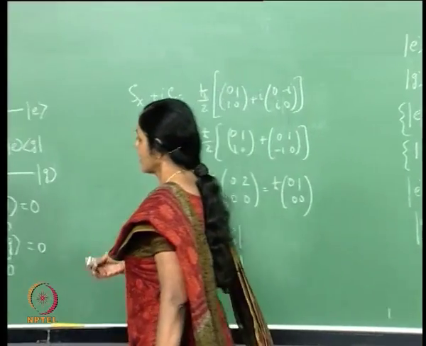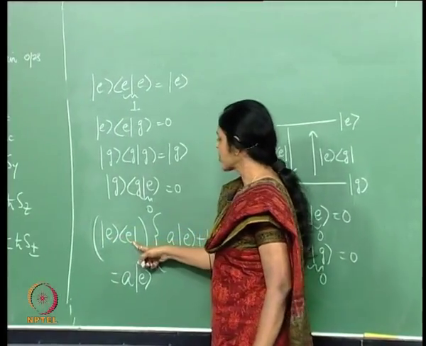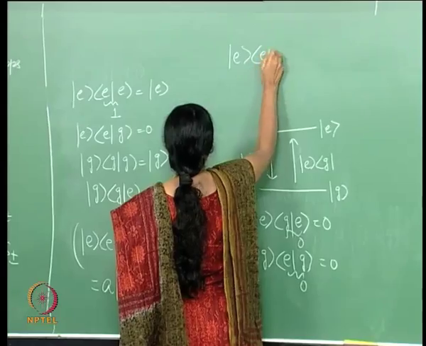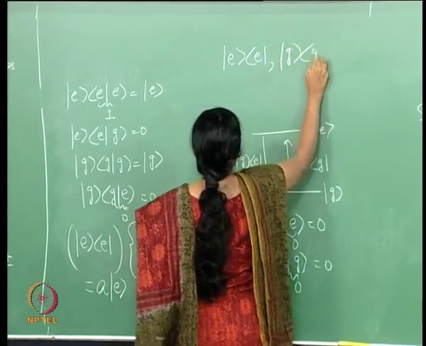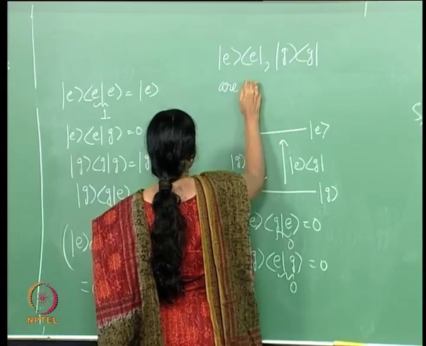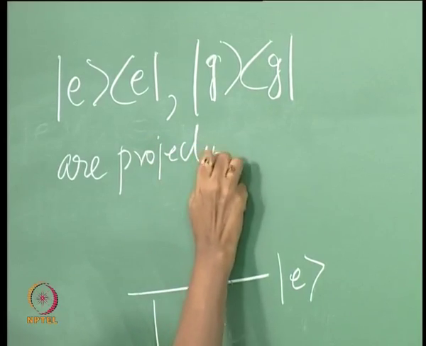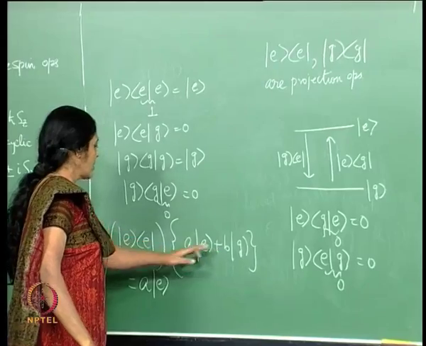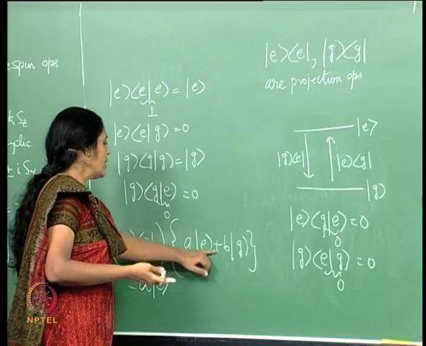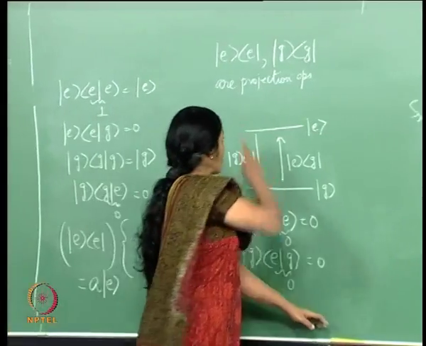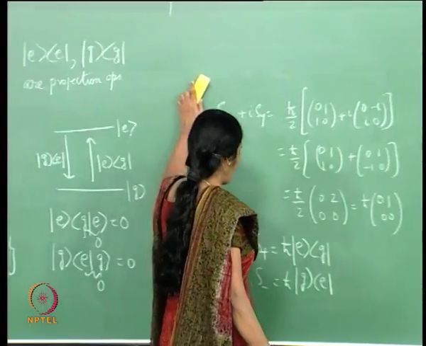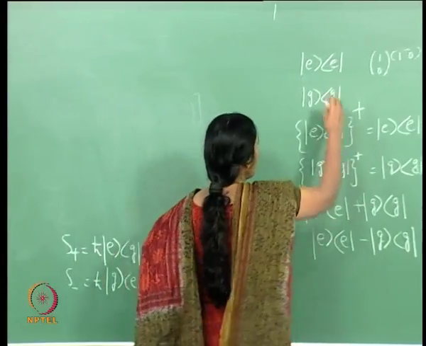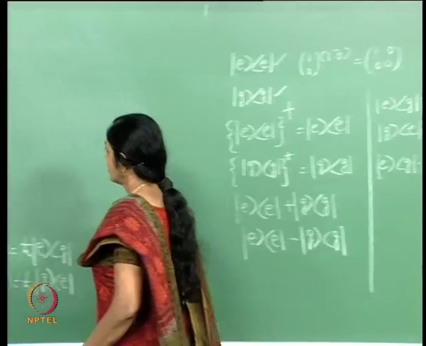In other words, this is a projection operator, and I have identified |e><e| and |g><g| as projection operators which project a generic state in the direction of ket e or ket g, depending on which operator is used. So now we know what exactly these two do.